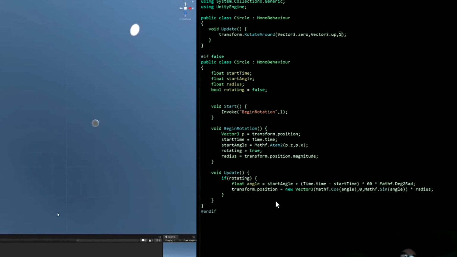Fascinating, isn't it? If we got underneath the ball and looked upwards, which we can do, like this, now we're looking up the y-axis, and in fact now it will be clockwise, anti-clockwise, which just goes to show.